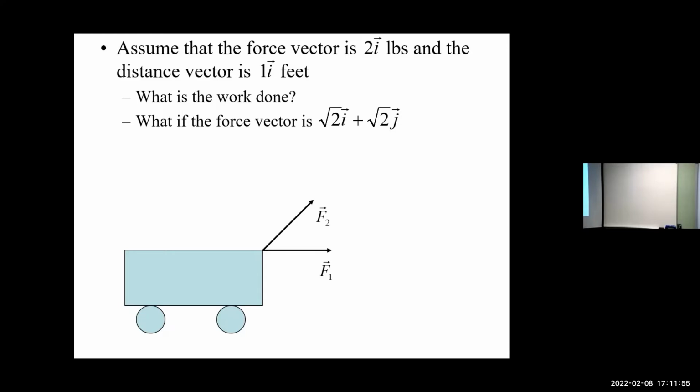So now only the component of the force vector in the direction of motion is counted when we multiply for work. Only the root 2 i would go towards the work. The distance will still be 1 foot, so we're only doing root 2 foot-pounds of work, because we're pulling at that angle instead of keeping it horizontal.